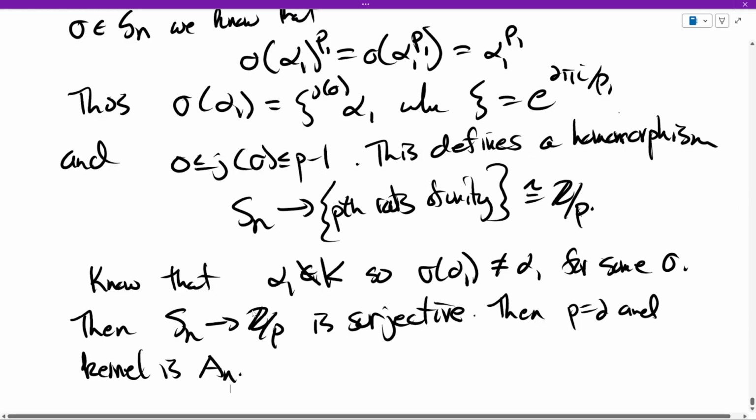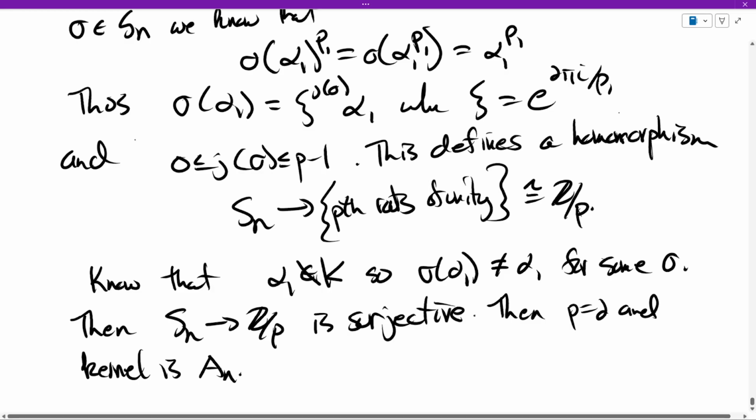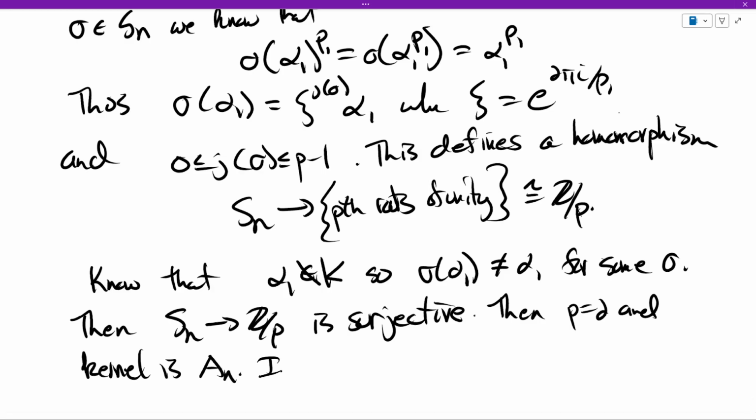The only cyclic prime order quotients of Sn are when P is 2 and the kernel is An. Okay, so what do we know here? Well, elements of An, when we see what they do to alpha 1, we just get alpha 1 back. So in this case, An fixes this alpha 1.